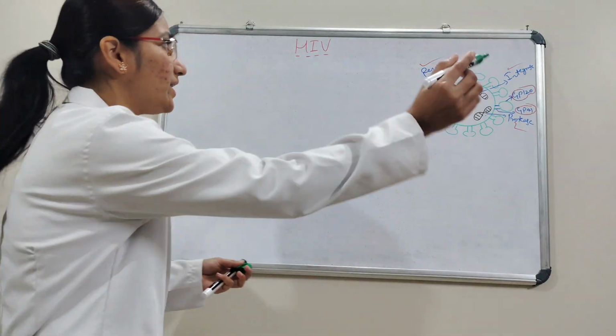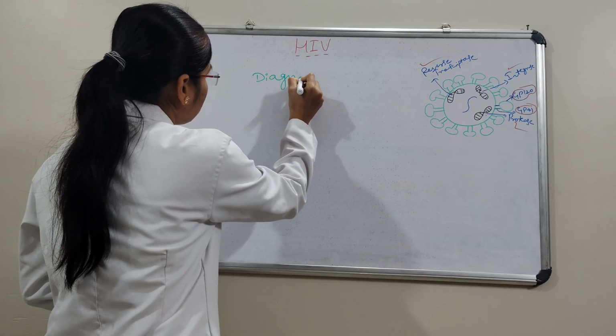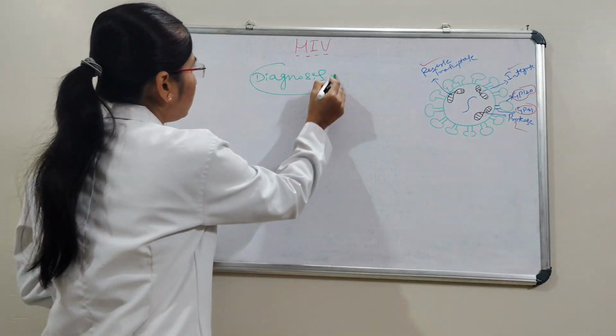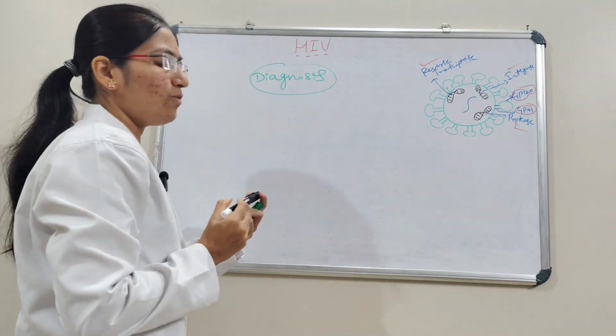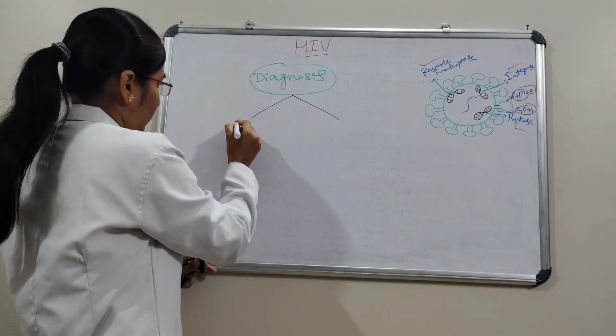Here we'll see the diagnosis for HIV. Diagnosis is of two types: one is antibody based, another is antigen based.